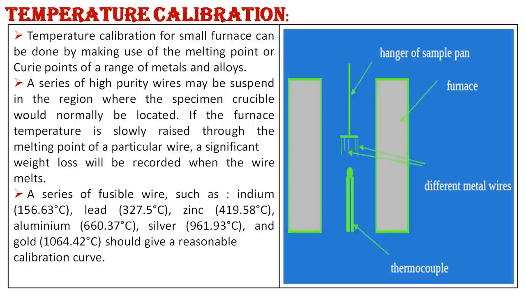If the furnace temperature is slowly raised through the melting point of a particular wire, a significant weight loss will be recorded when the wire melts. A series of fusible wires such as indium, lead, zinc, aluminium, silver and gold and their corresponding temperatures should give a reasonable calibration curve. So that diagram shows how to calibrate the temperature.